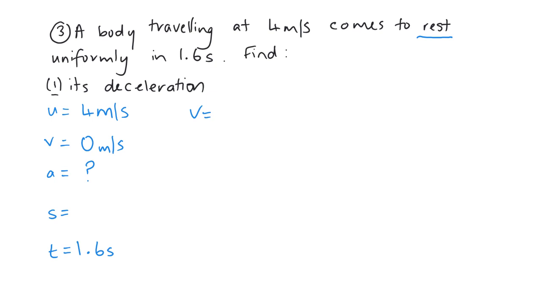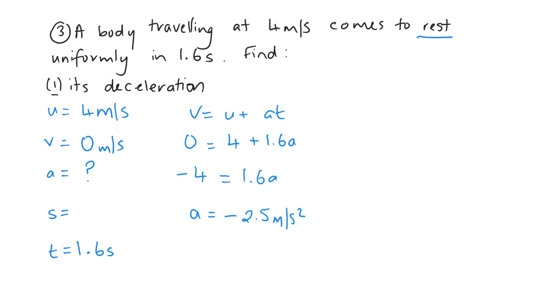So if we have V equals U plus AT, I have 0 equals 4 plus 1.6A. Bring my 4 over, I get minus 4 equals 1.6A, and then I'm going to divide minus 4 by 1.6, and we get minus 2.5 meters per second squared. You'd expect a negative acceleration because it's slowing down. But that's the acceleration.